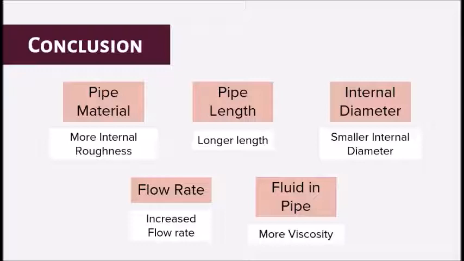The third one, the internal diameter: a smaller internal diameter will cause more pressure drop. The fourth one, the flow rate: an increasing flow rate will give more pressure drop. And the last one, the fluid in the pipe: more viscosity of the fluid will cause more pressure drop in the pipe.